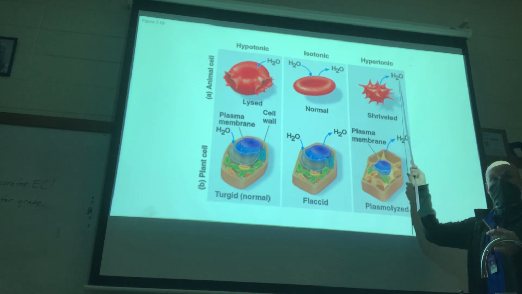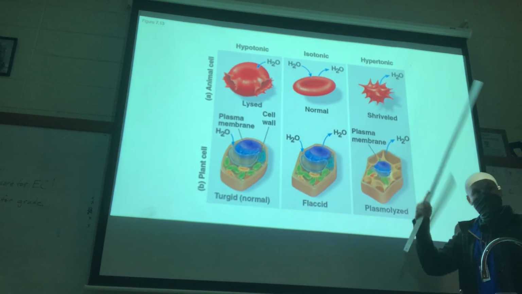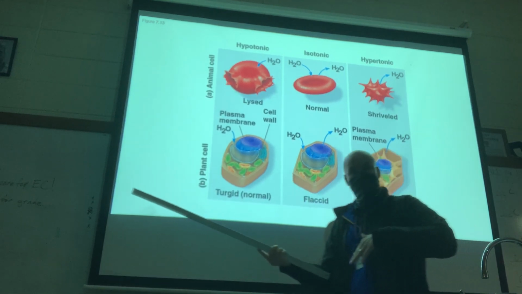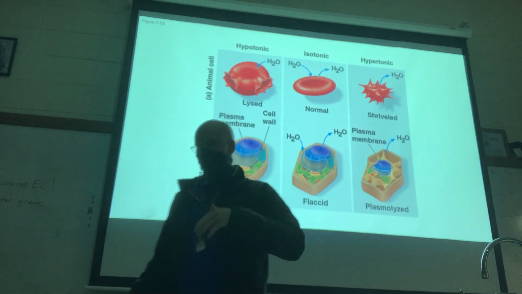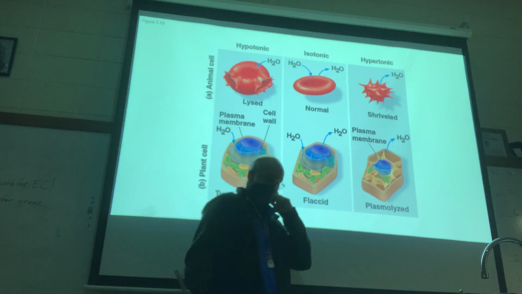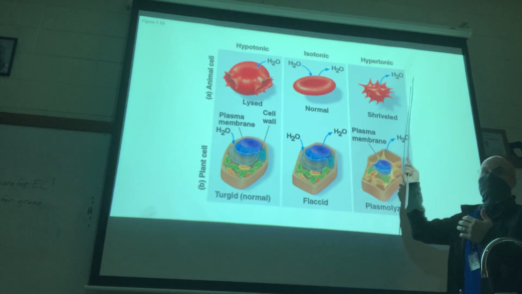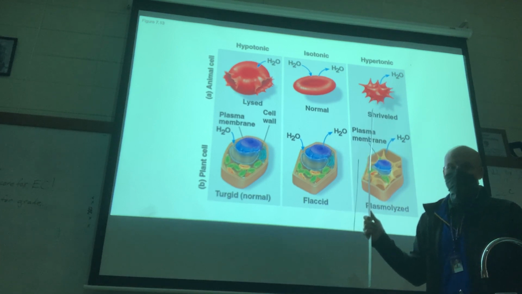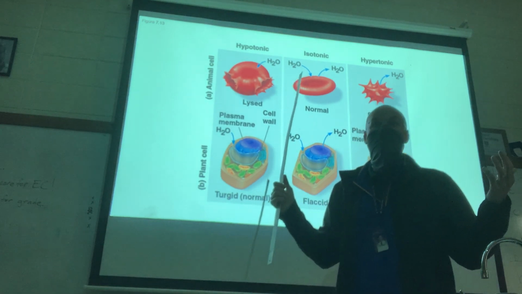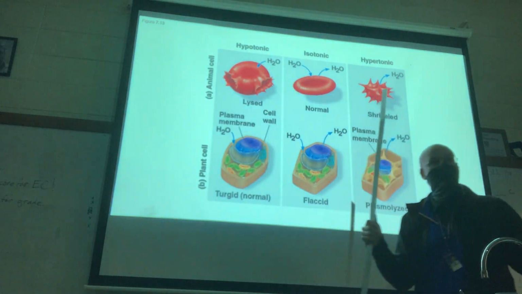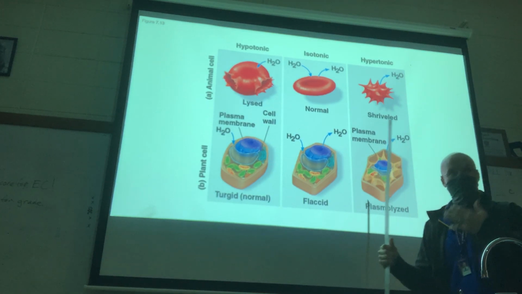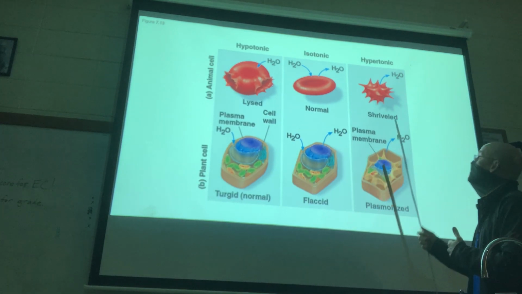So low water. High solute would mean low solvent. So if you think of it as low water outside the cell, where's the water going? Out of the cell, from high inside the cell to low outside the cell.